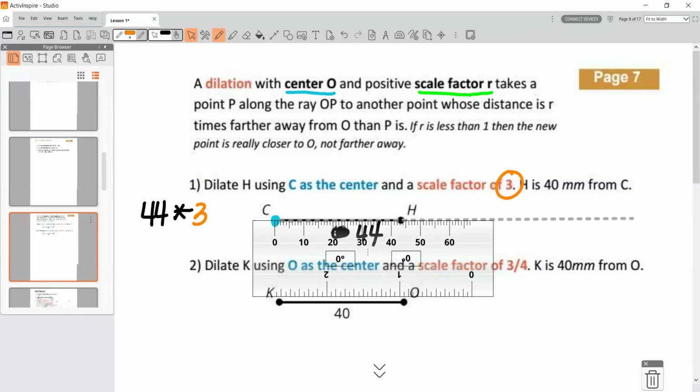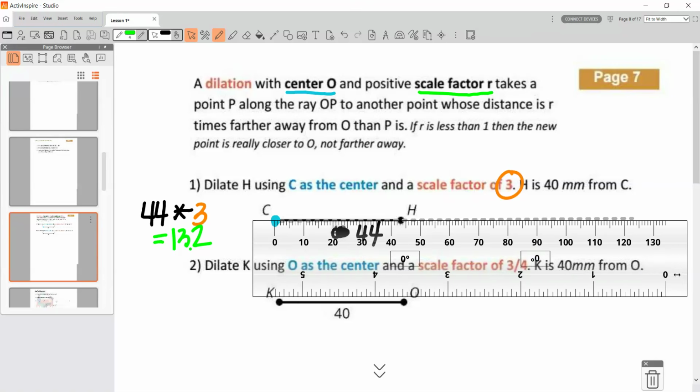So 44 times 3 gives us 132 millimeters. Every 1 centimeter, you'll see my centimeters are marked at 10, is 10. So this is really 13.2 centimeters or 132 millimeters.